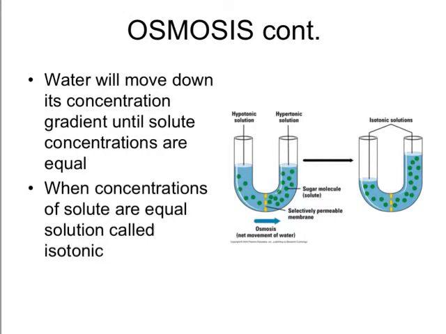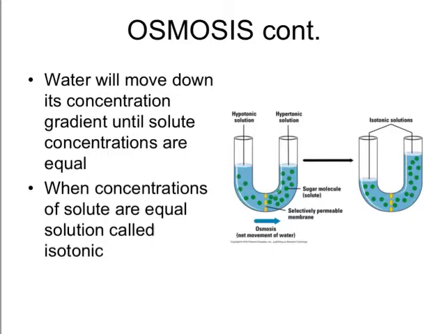Okay, so if the membrane there is semi-permeable and it's not letting the sugar molecules get through, then it will let the water molecules get through. And so what happens is that we get osmosis, or movement of water, in order to balance out the tonicity of the solutions.